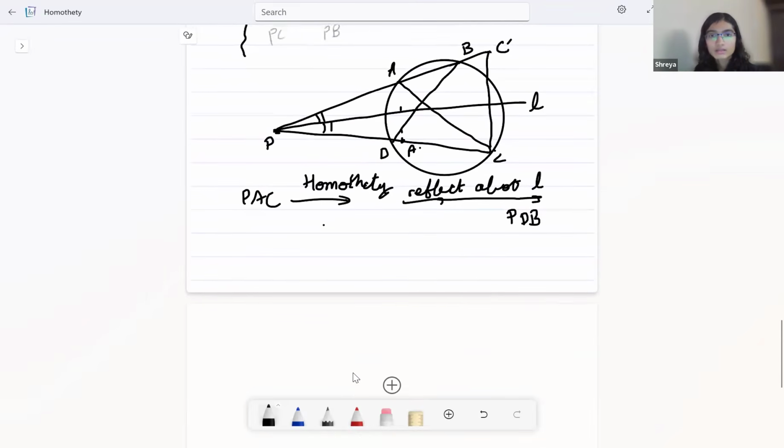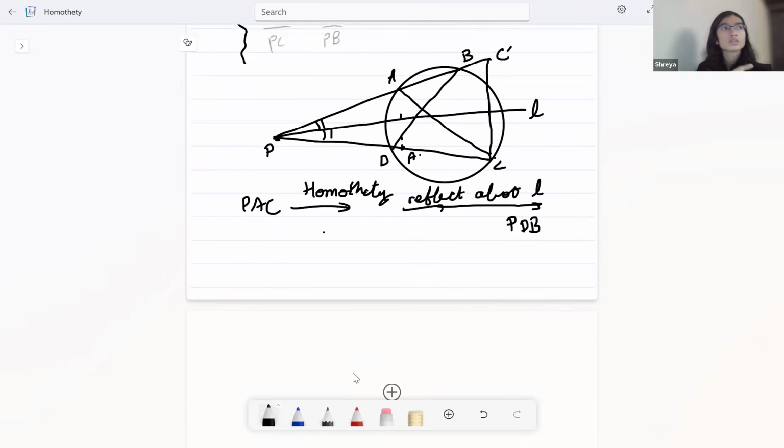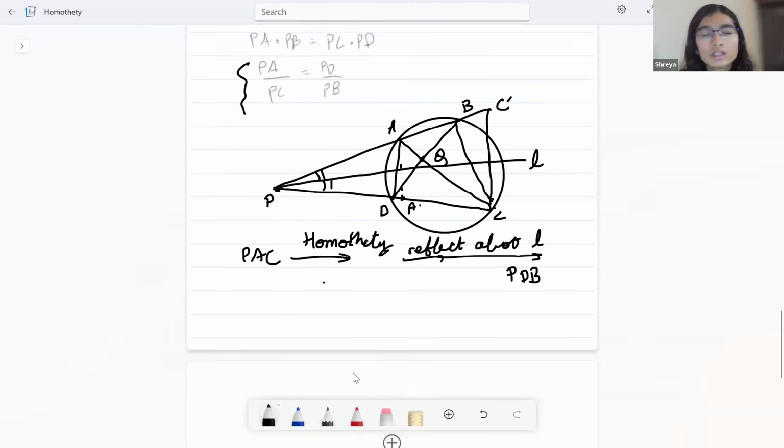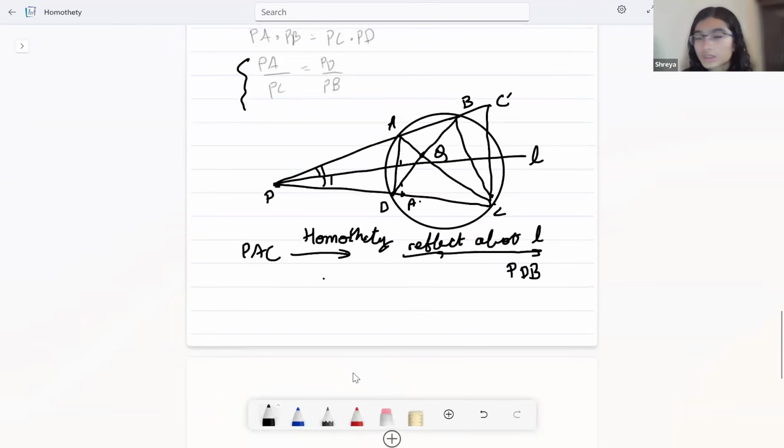That is a nice way to think about what it means for 4 points to be concyclic. You can introduce this P, or you can look at this point and a similar condition holds, by the same logic. It's a common theme in problems.